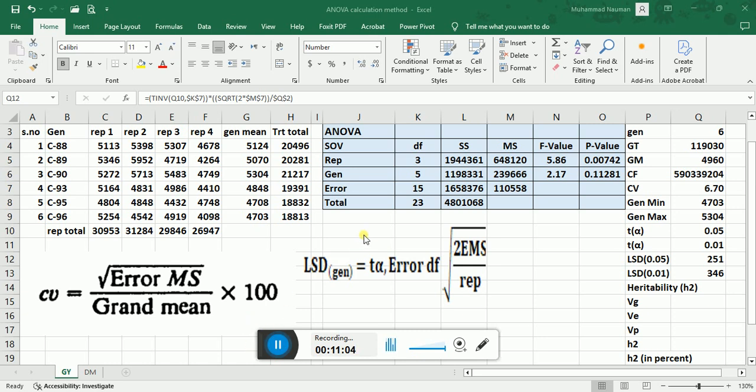The LSD value here is LSD value at 5% level, and here is the LSD value at 1% level. It helps us determine whether the difference between two genotype means is statistically significant or not.